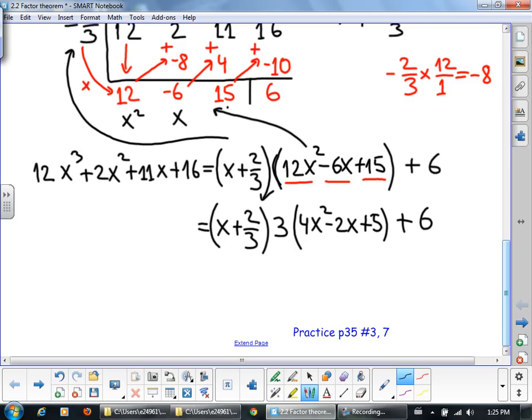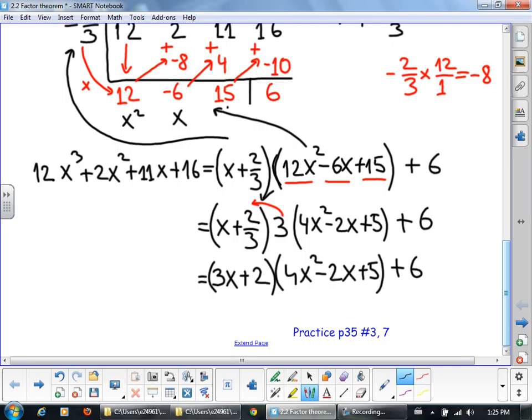And we're going to use that 3 in our binomial. So we're going to take the 3 and we're going to multiply with every term inside the bracket. So we're going to have x times 3, which is going to give us 3x. And we're going to have 2 over 3 times 3, which is going to give us plus 2. We can rewrite the rest.